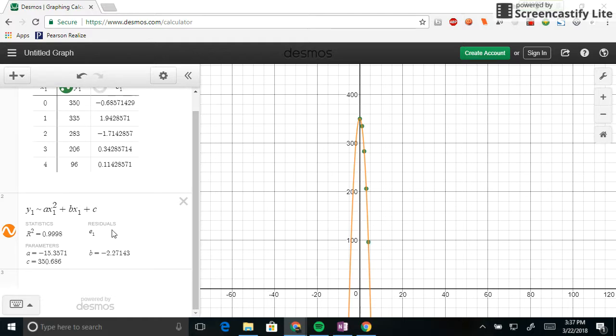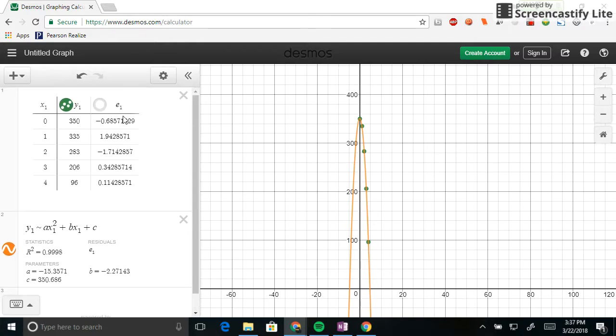Another way to determine that is by doing the residual, which you see the residual here, this E1. So if I go up into my table, you can see an E1 here, you can see some residual values, like you got a couple of them that are negative, a couple of them that are positive. If I wanted to graph that, I'm just going to click on this button up here. So my residuals are actually going to come up in black.